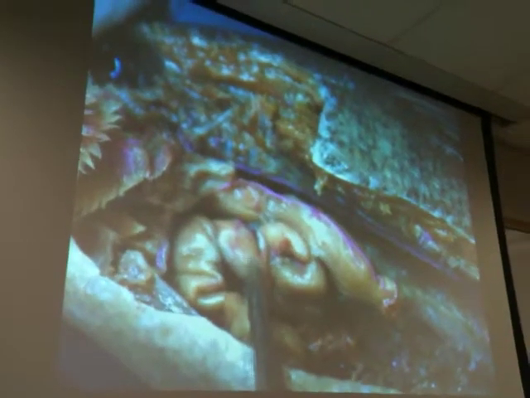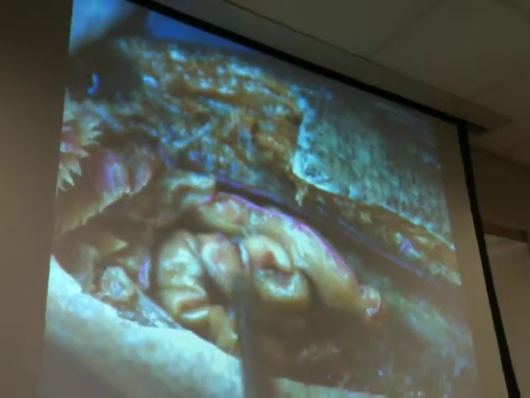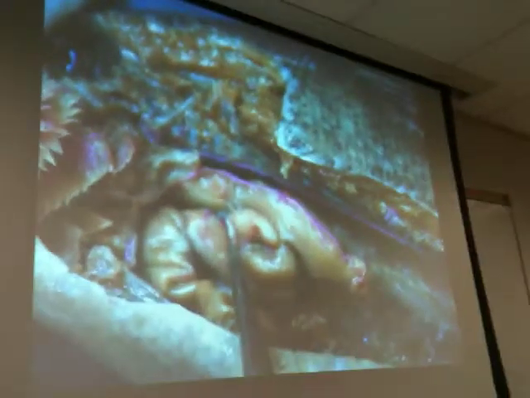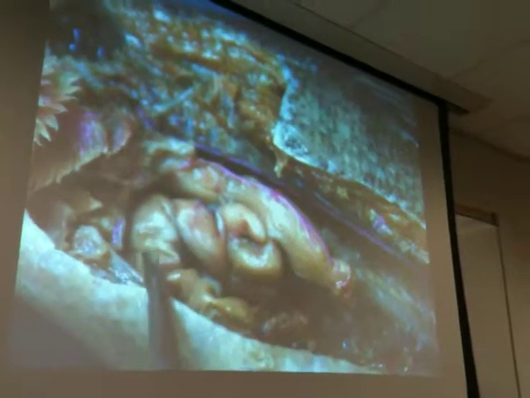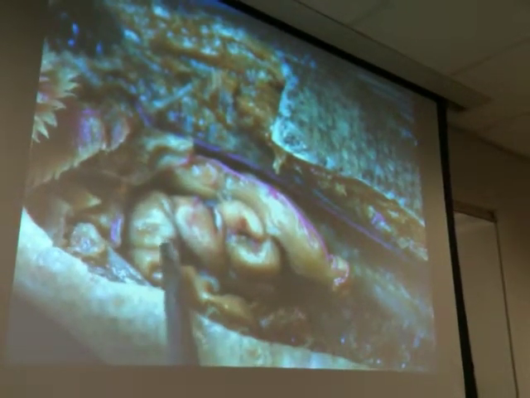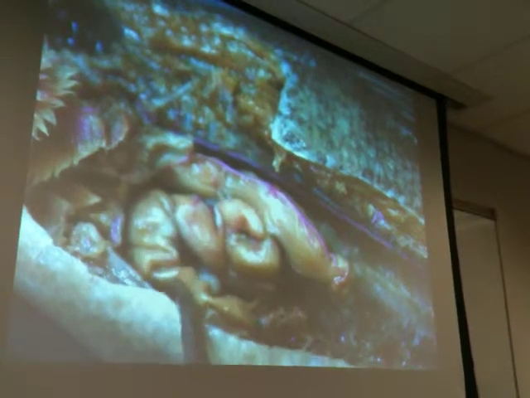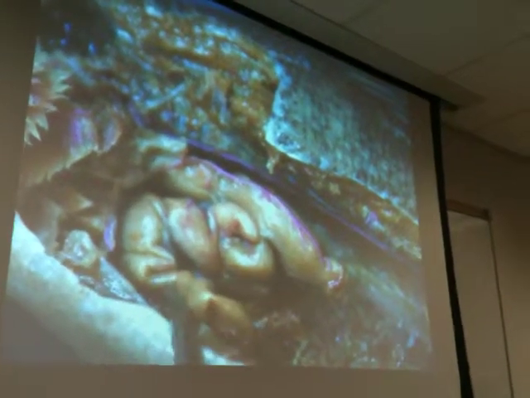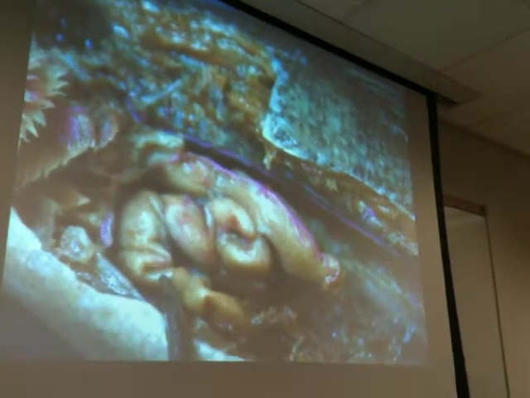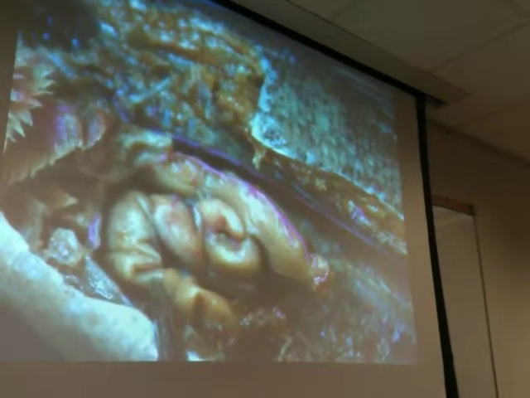Okay? And then, after the pyloric sphincter is the intestine. The first fold of the intestine is called the duodenum. Okay, duodenum. So right there, that first bend. Now within the first bend of the intestine, you want to look for the pancreas.